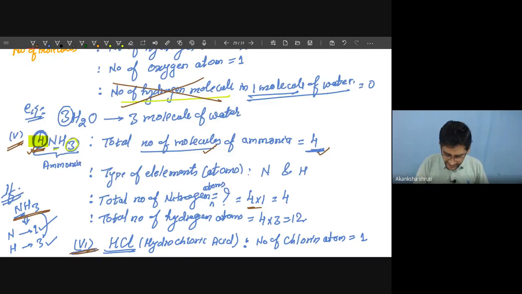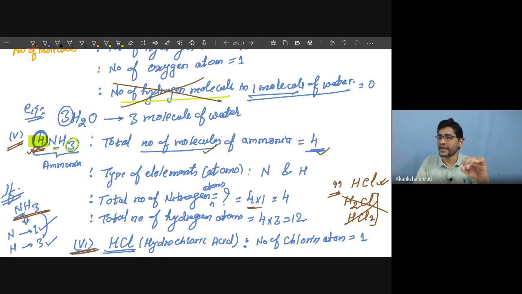Now the question is, why is HCl formed? Why is H2Cl not formed? Why is HCl2 not formed? Why are these things not formed, and why is this one formed? For this we have to understand what the molecular formula is and how to write the molecular formula.